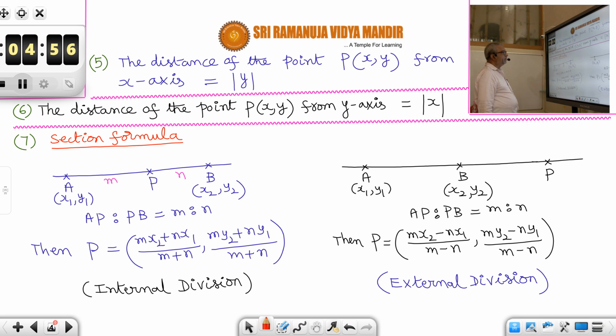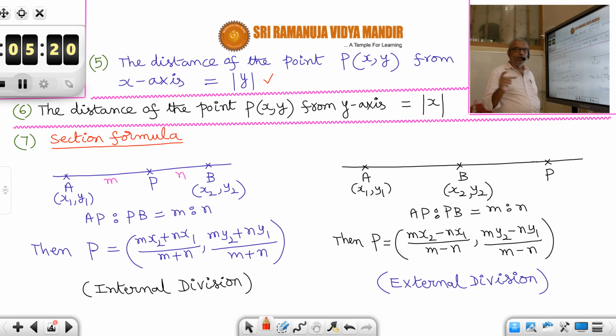So the fifth one. The distance of the point P(x, y) from the x-axis. (x, y) is any point in the xy plane. What is its distance from the x-axis? From the x-axis the distance is mod y.